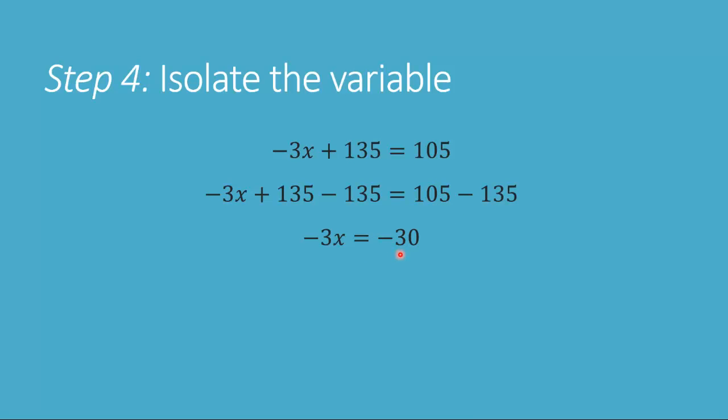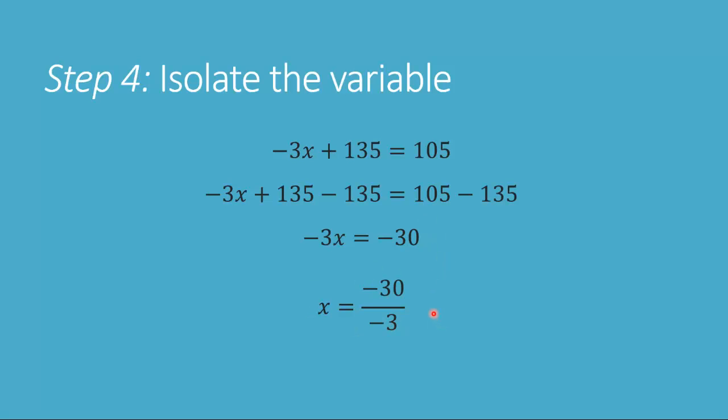This is why it's usually the best thing to do first, because now we need to isolate x by dividing both sides by negative 3, which, as you can see, is a lot cleaner than if we'd taken 135 and divided by negative 3, and 105 divided by negative 3, and then had a fraction and a fraction. It gets messy.